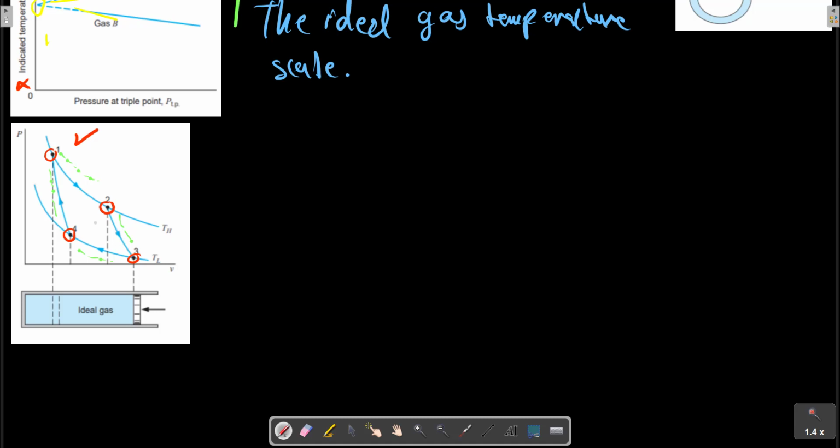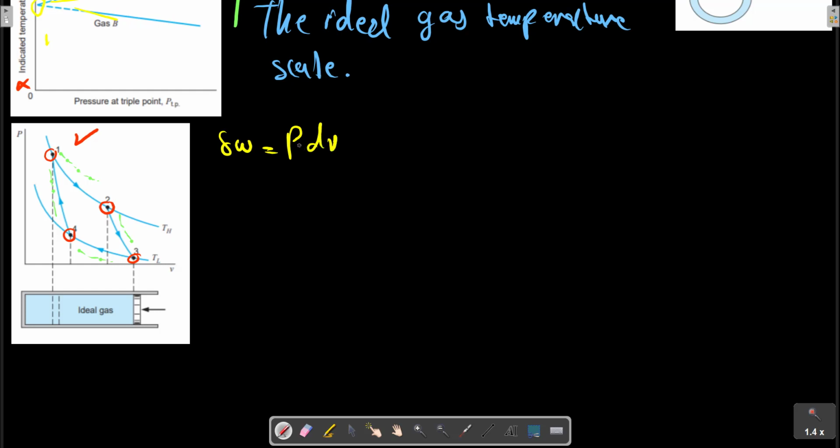For convenience, let us consider a unit mass of gas inside the cylinder. Now for each of the four processes, the reversible work done at the moving boundary is given by this relation, P dV.